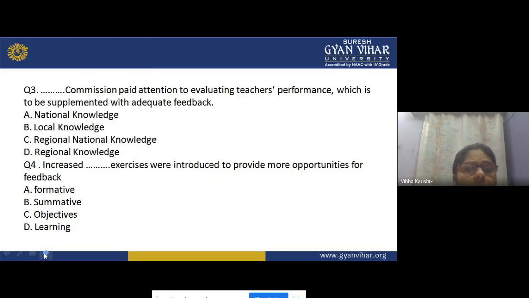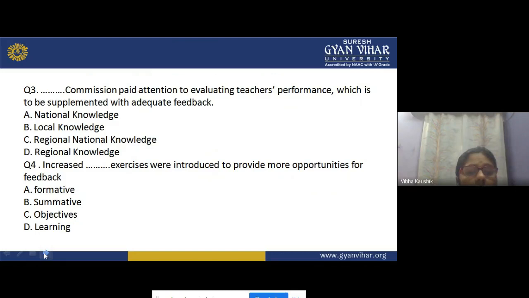The third one: dash commission paid attention to evaluate teacher performance, which is to be supplemented with adequate feedback. It will also provide feedback to the teachers. A, National Knowledge; B, Local Knowledge; C, Regional National Knowledge; D, Regional Knowledge. The correct answer is National Knowledge Commission.